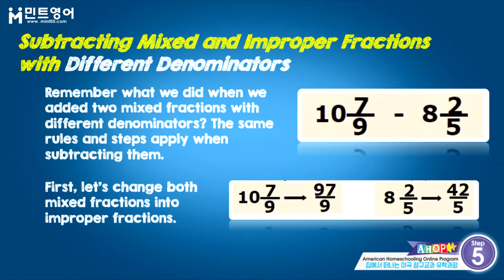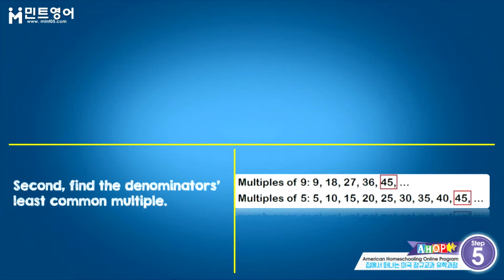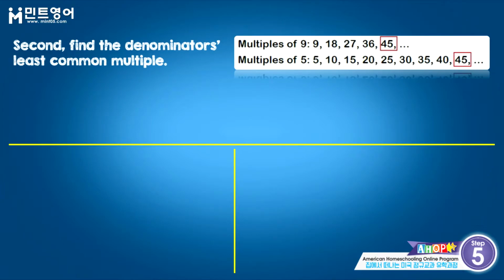First, let's change both mixed fractions into improper fractions. 먼저 두 혼합 분수를 부적절한 분수로 변경해야 합니다. Second, find the denominator's least common multiple. 그 다음 분모들의 최소공배수를 찾아야 합니다.